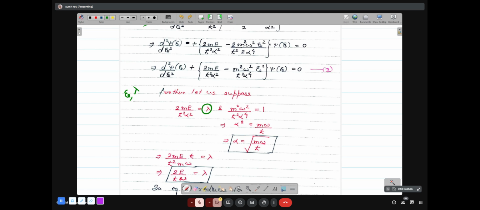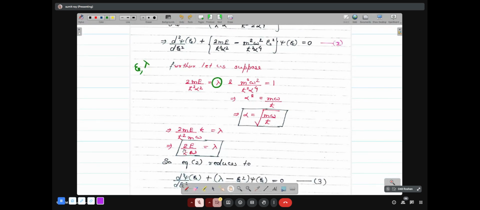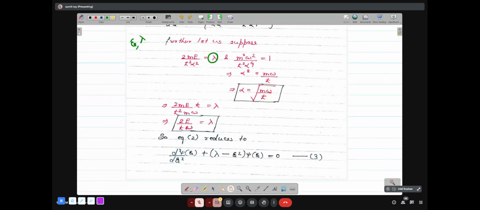And from the other section you have this 2m e by h cut omega as lambda. This is something that we will require because this contains E. This will give you the energy eigenvalues. You are getting the mathematics?